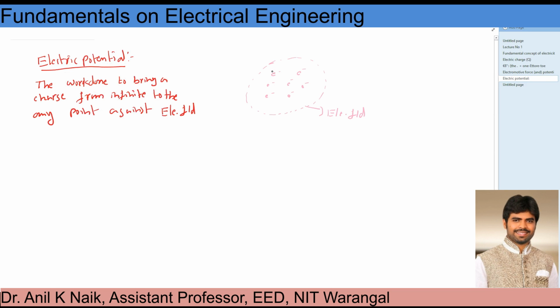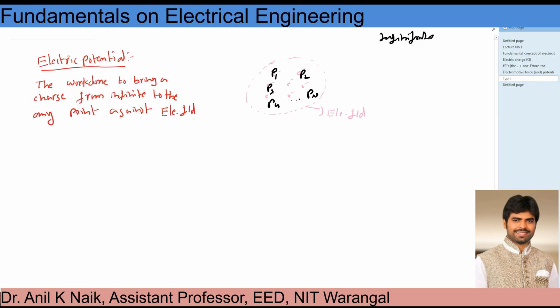I can write the different points: point 1, point 2, point 3, point 4, and so on up to n points we have. So my definition is bringing a charge from infinite to any point against this electric field.